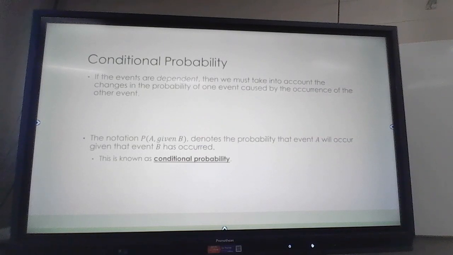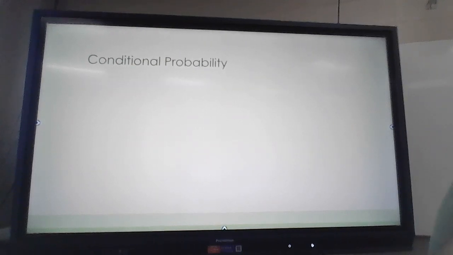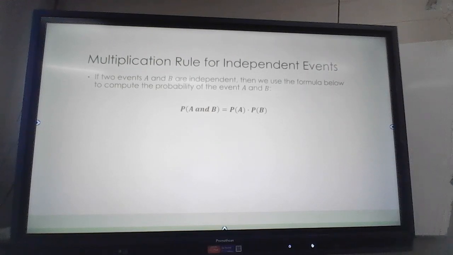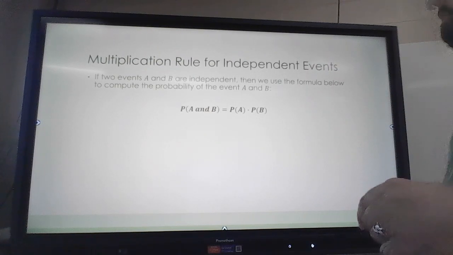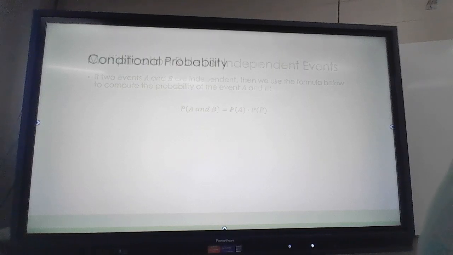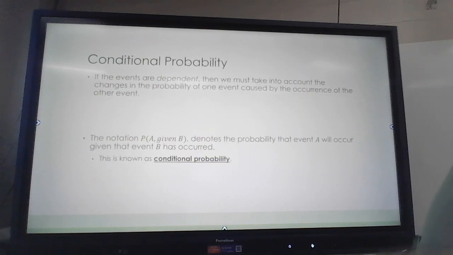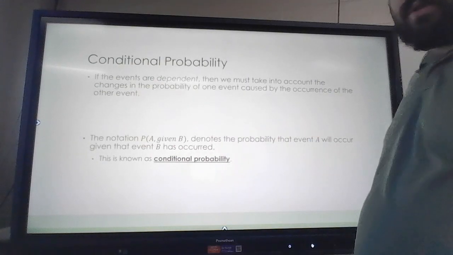We have to consider the probability that A will occur knowing already that B has occurred. So the simple multiplication rule only works for independent events. But if events are dependent, we have to consider that conditional probability here.